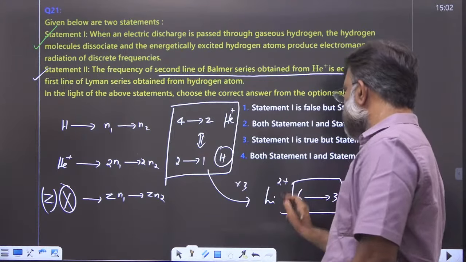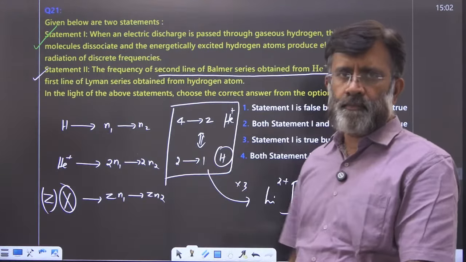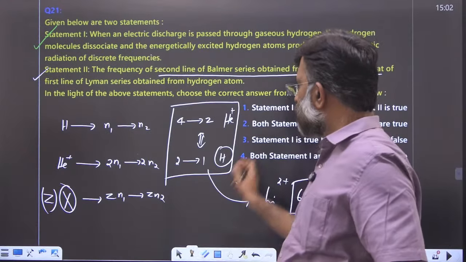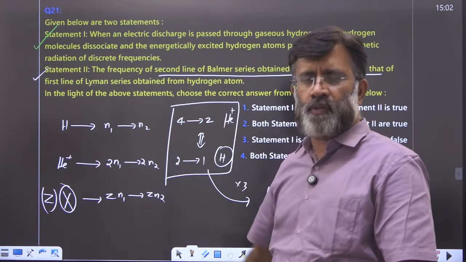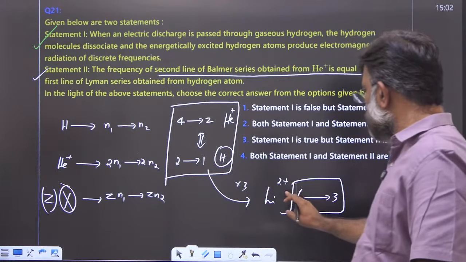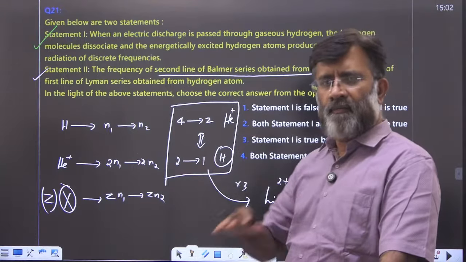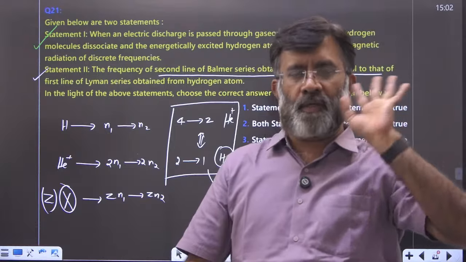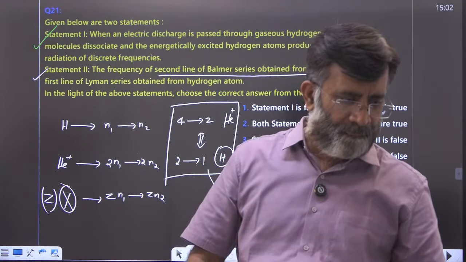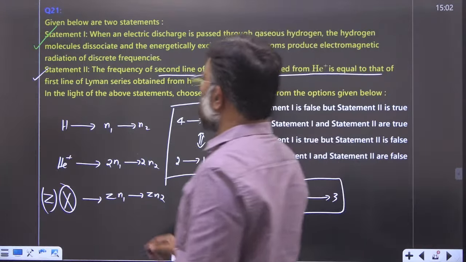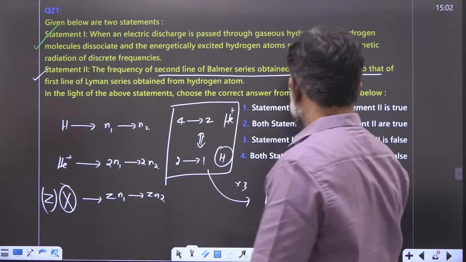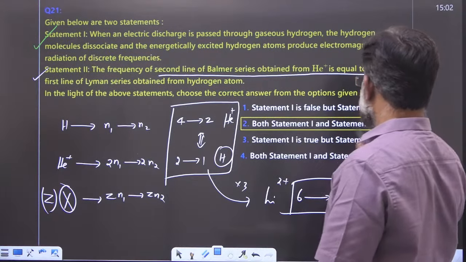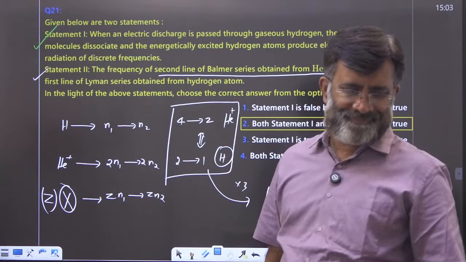So the hydrogen 2-1 transition, versus the helium plus 4-2 transition, versus the lithium 2 plus 6-3 transition will be the same. Or for any Bohr atom, Z times the transition will be the same. So this is also true. Both are true statements. So the correct answer is option 2. Both statements are true. Okay.